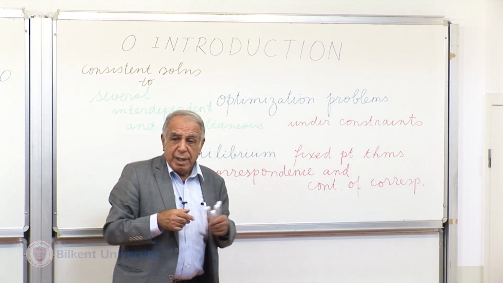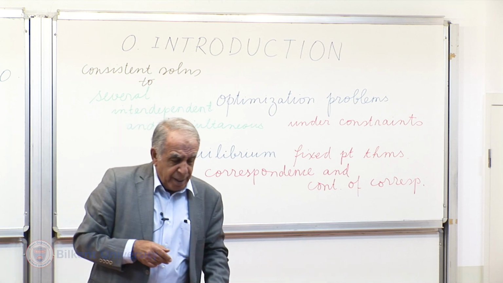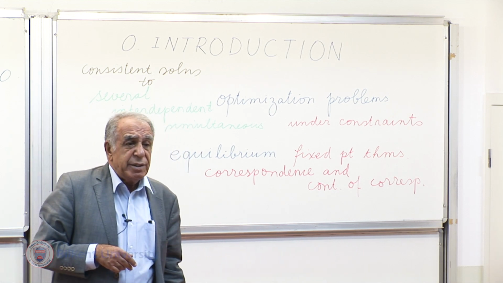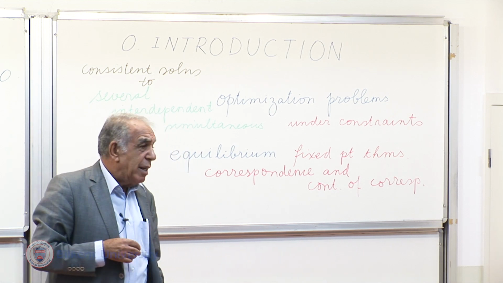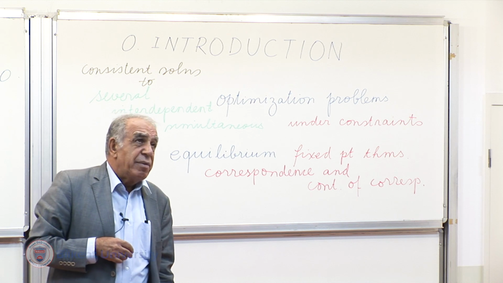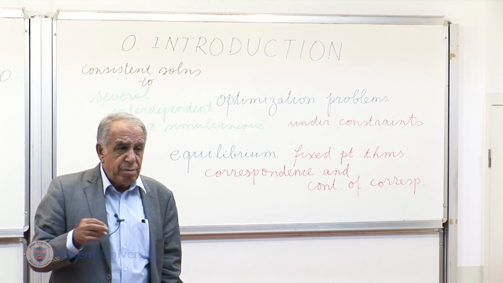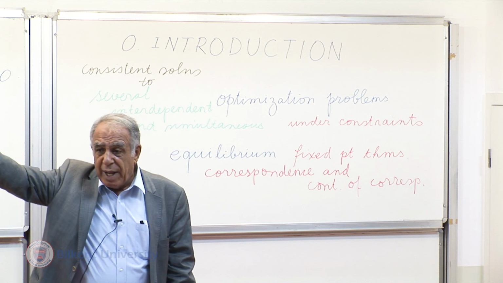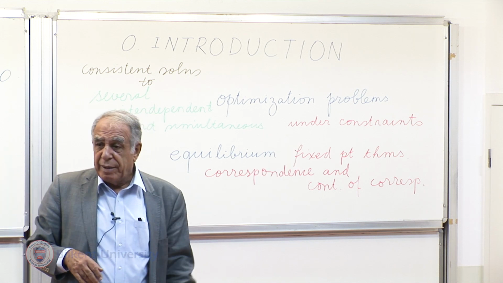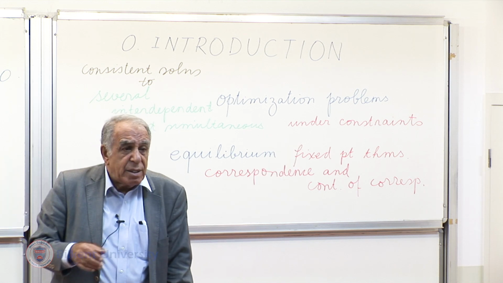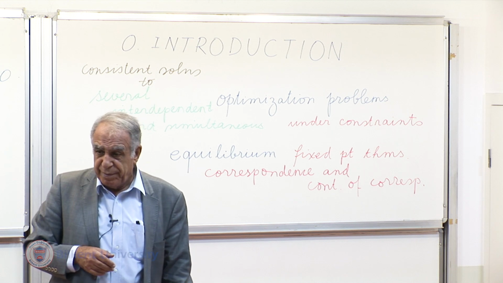The part of the economy that I have been referring to, well, if I decide to consume this much of that good, that much of another good, and so on, these are all private goods.